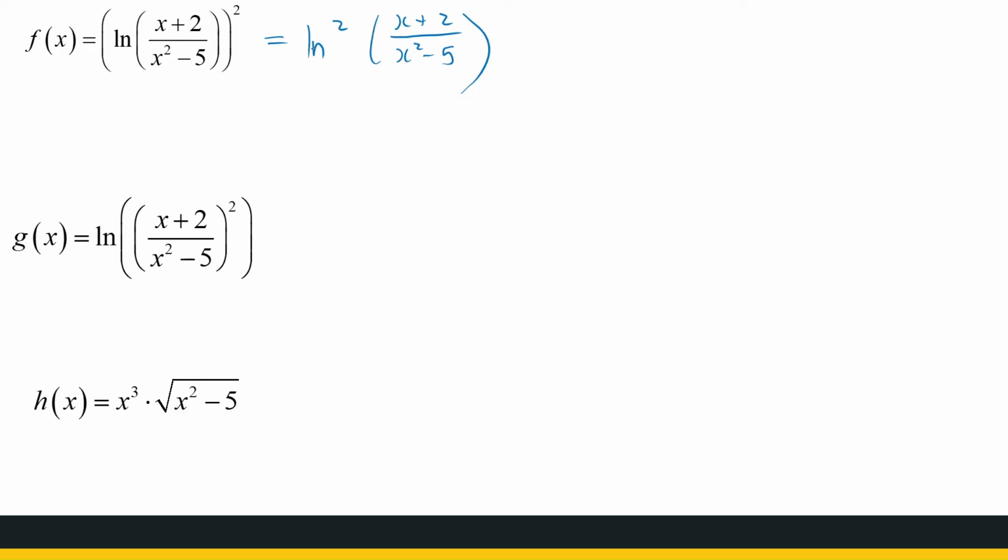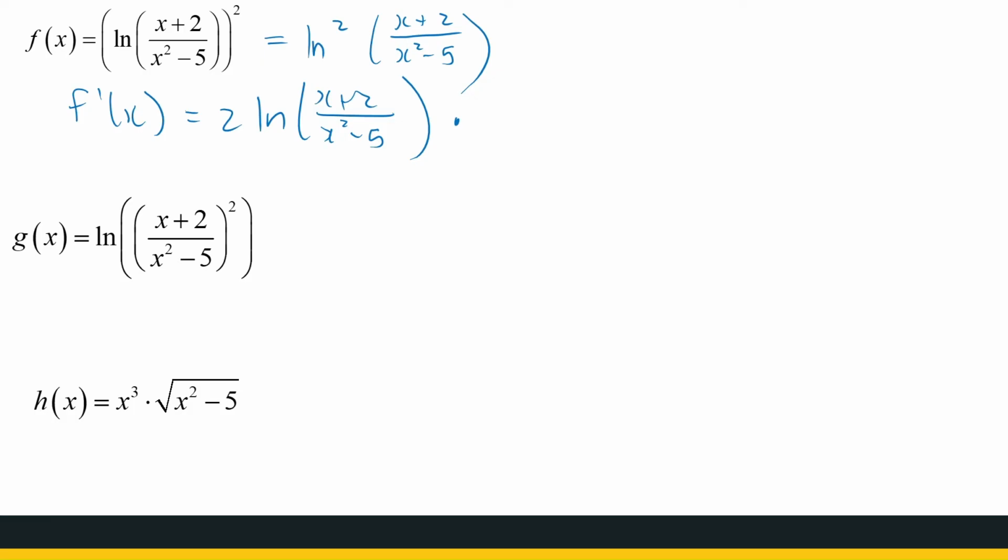Now, if I've got to find the derivative of a function squared, this one I'm not going to use my logarithmic laws. I'm going to get the derivative first because I have to use the chain rule, and the square is what happens first. So the derivative of something squared is 2 times that thing times the derivative of that thing.